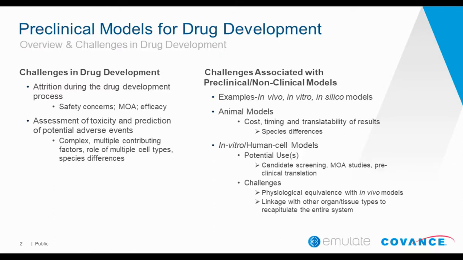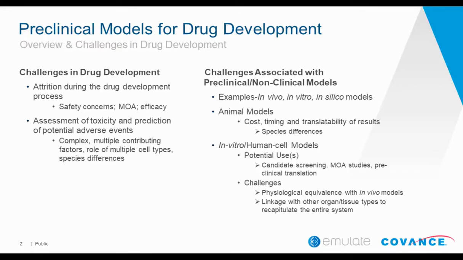The assessment of safety or toxicity of a new asset in preclinical models is impacted by a variety of factors. The complexity, the fact that there are multiple contributing factors, the role of multiple cell types in the expression of that toxicity, and very critically, the fact that there are species differences as you try to translate data from an animal species into what you might expect in humans.